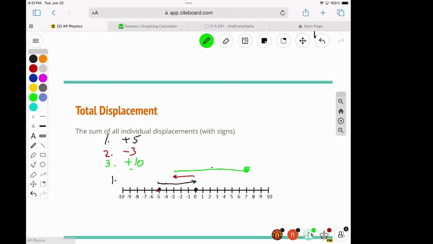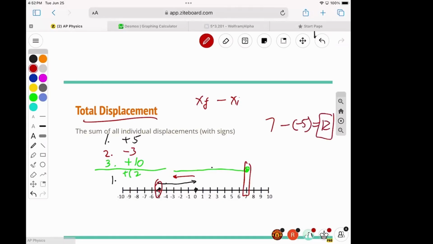One way you can do it, you simply add up all the steps and you get +12. Is that correct? Yes, because by definition, the total displacement is just your xf minus your xi. F for final, I for initial. Where's my ending point? 7. Where's my beginning point? -5. So if you do it this way, they give you the same result.